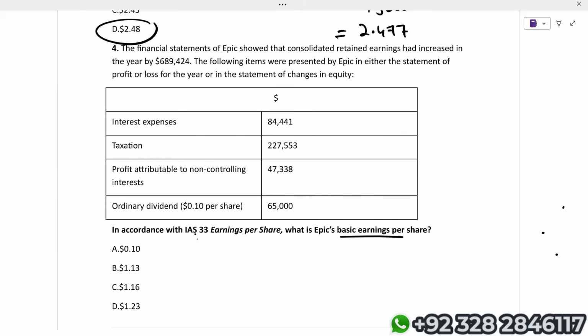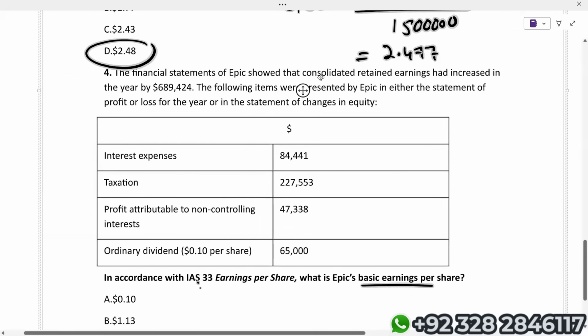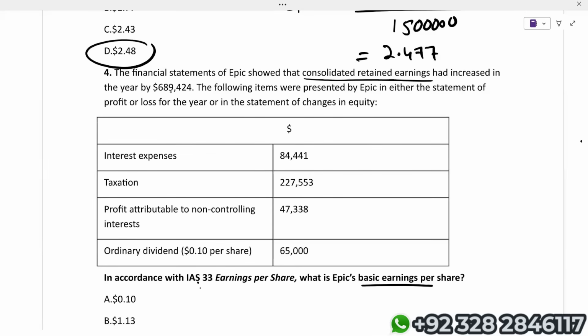The financial statement of Apex showed that consolidated retained earnings had increased in the year by 689,424. The following items were presented by Apex in either the statement of profit and loss or in the statement of change in equity. Okay.